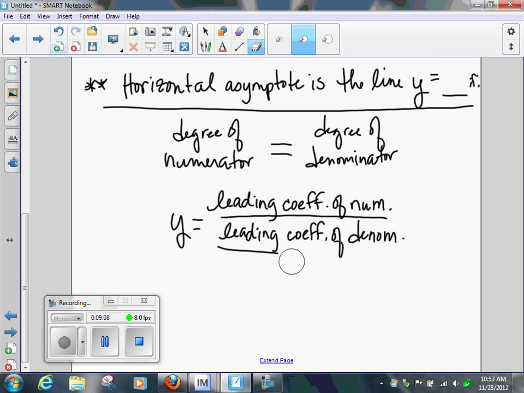Let me move this line. That's how you find that horizontal asymptote. It's going to be y is equal to the leading coefficient of the numerator over the leading coefficient of the denominator. Okay?